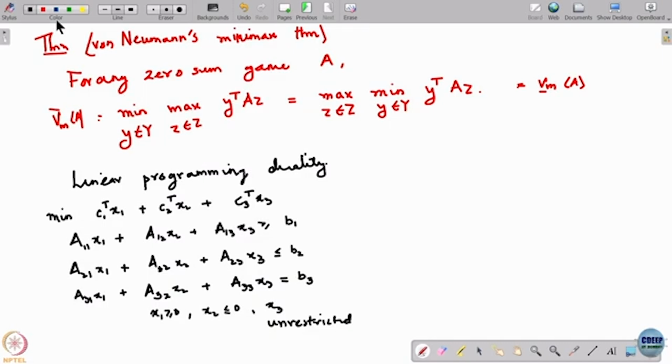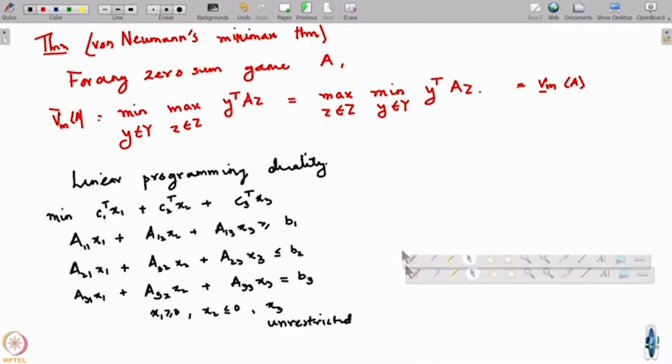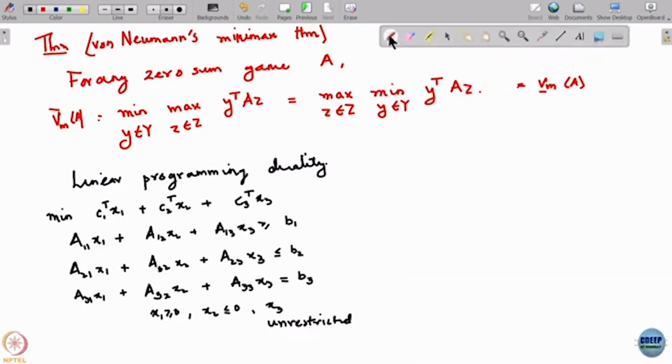This is the most general, explicit way in which you can write out a linear program. Of course, you can reduce it to standard form, but our problem does not benefit from putting it in standard form. That's why I am starting off with this form.